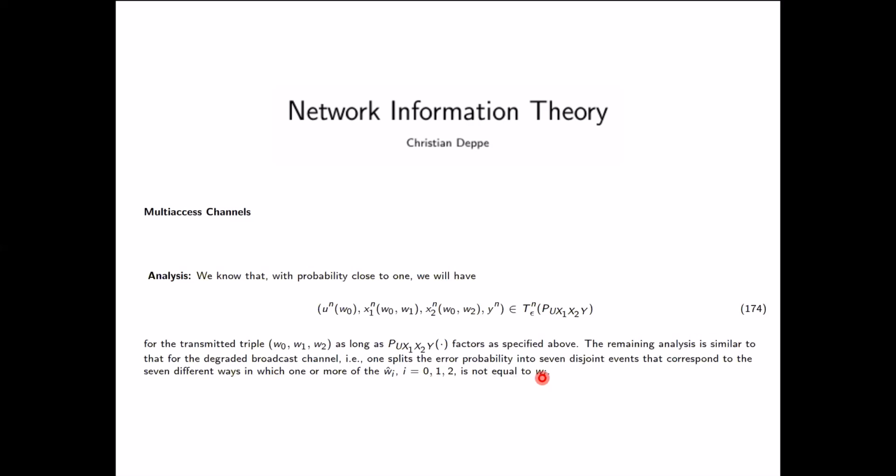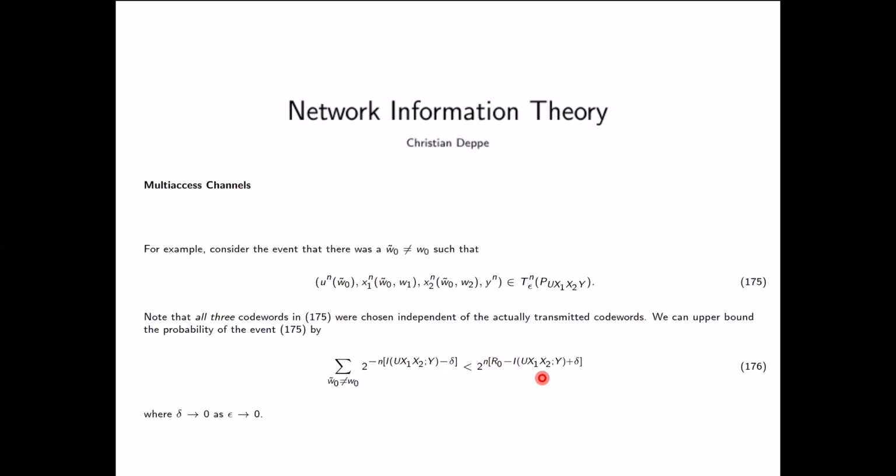And these are all errors. For example, we can look at the event that W tilde is not equal W0, but this is jointly typical. And note that all 3 code words were chosen independently of the transmitted code word. And we can upper bound this probability then by this formula here.